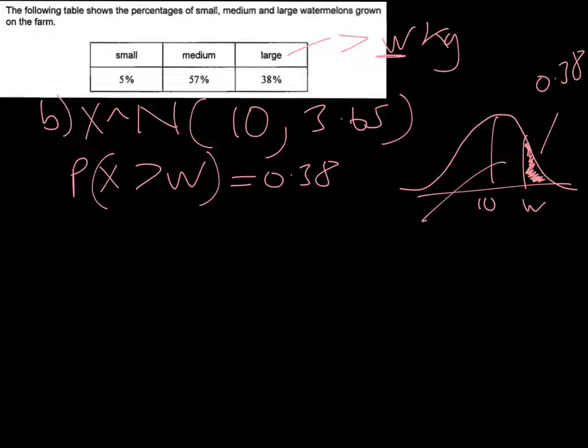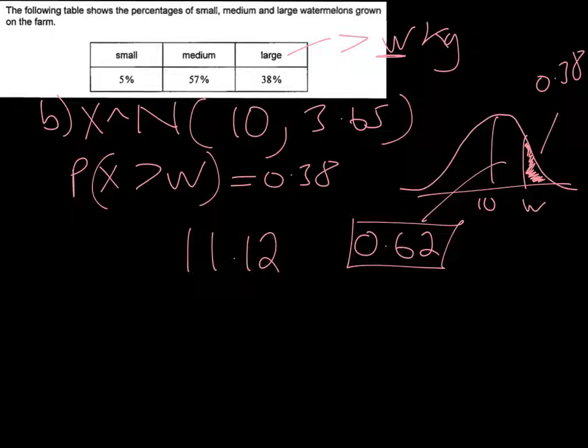So this region is going to be 0.62. This is the value you put into your inverse normal to calculate that the weight will be 11.12, knowing the standard deviation and mean and substituting into the inverse normal function on your calculator.